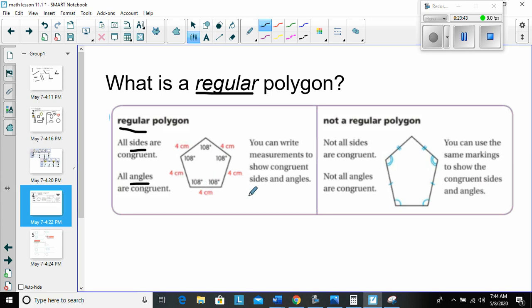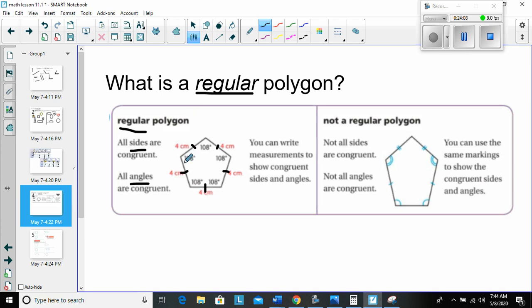Okay. Another thing they could have done to show congruency is by marks. So congruent lines, we usually mark them with a tick mark. So we would have a tick mark on all 5 of these lines to show congruency. Instead of putting the measurements and the numbers everywhere, they put tick marks on each line segment. All right, and then that's to show congruent lines.